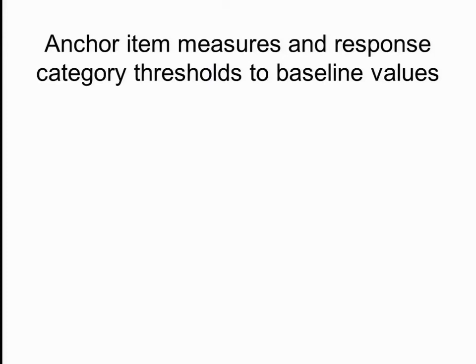Now, what we would normally do is calibrate the instrument. You've heard a lot about that today, calibrating instruments and creating item banks and so on. So we'd anchor the item measures and we'd anchor the response category thresholds to their baseline values for the population that you want to study.